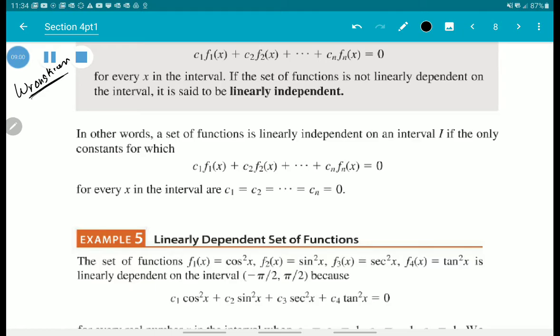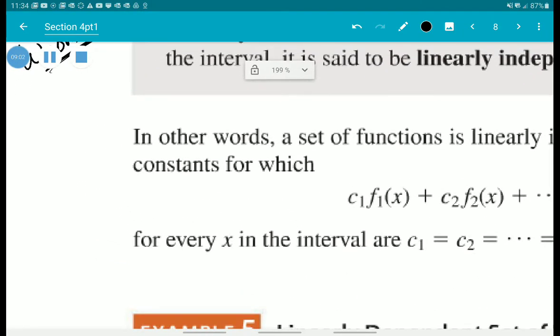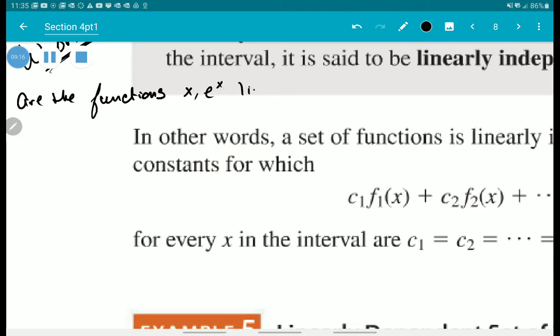So just to review what a Wronskian is. Let's say you're checking for linear independence. Let's say we were asking, are the functions x and e to the x linearly independent? When we look at the Wronskian, we put our functions across the top, and then we take derivatives.